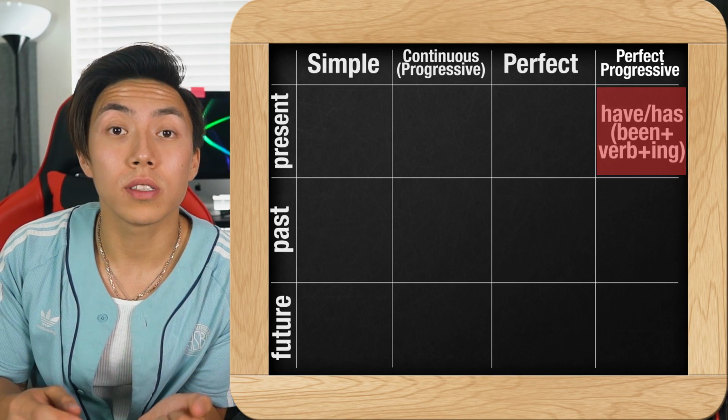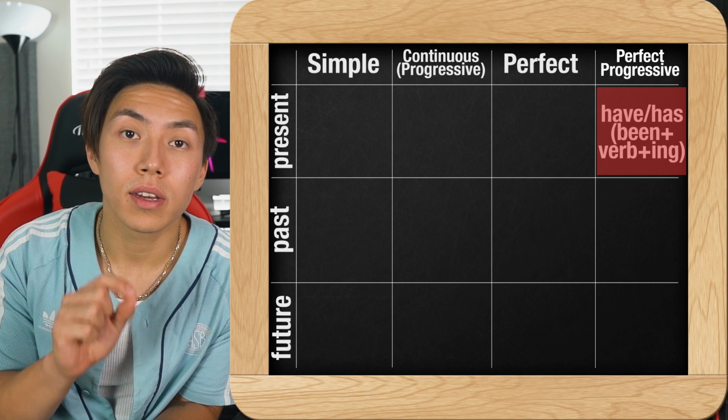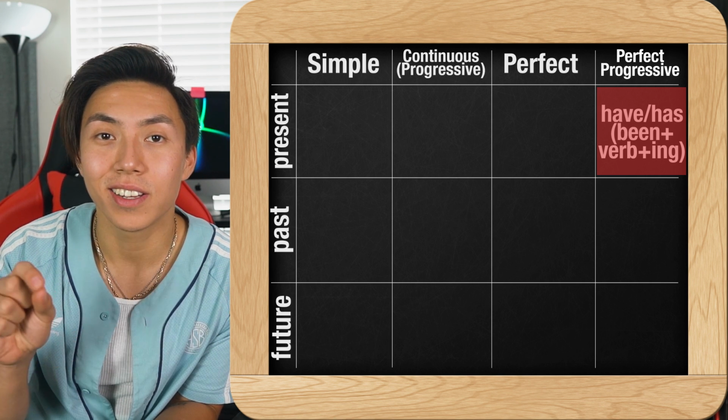So basically you're kind of like pausing your event for a little bit and taking this moment to just take in and congratulate yourself on the time spent doing a certain activity, if it's present, past, or future. And the way to structure that is pretty simple. So present perfect progressive, you're gonna say, I have been learning.